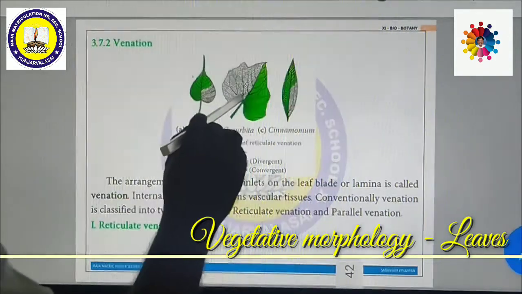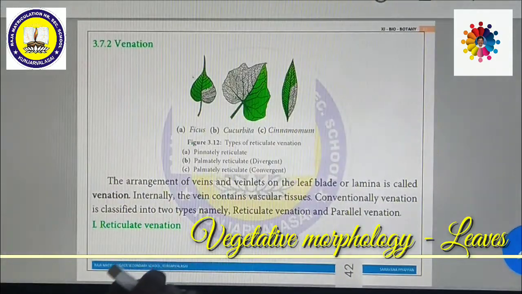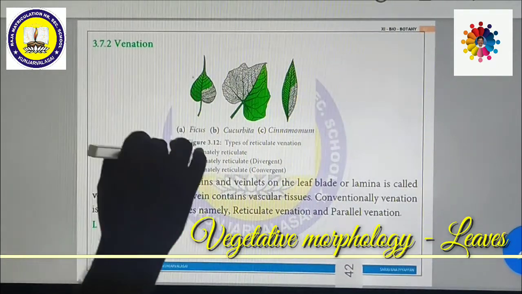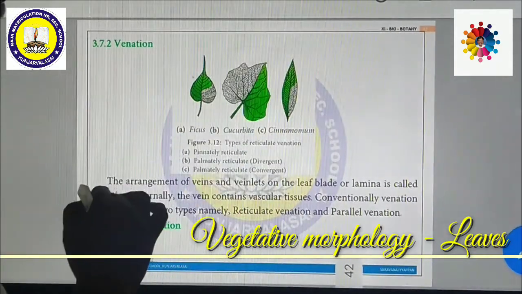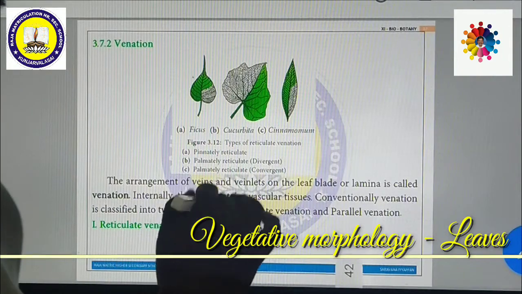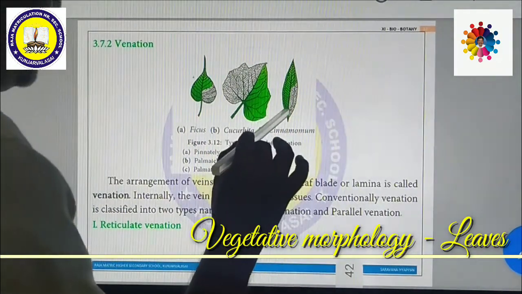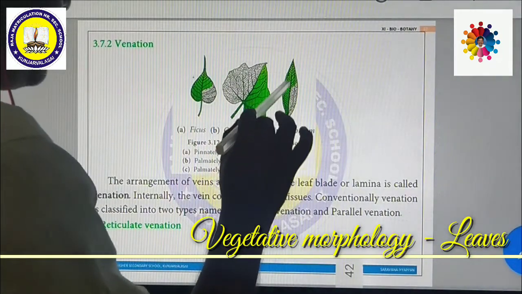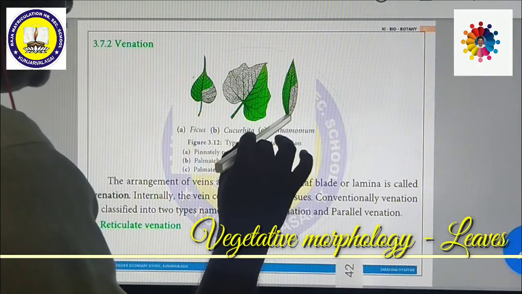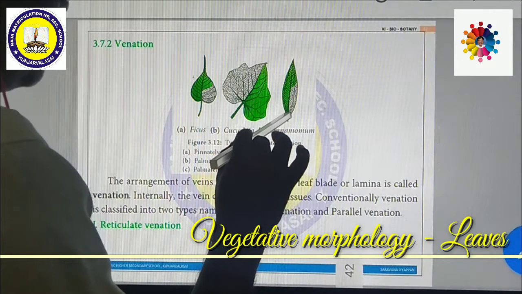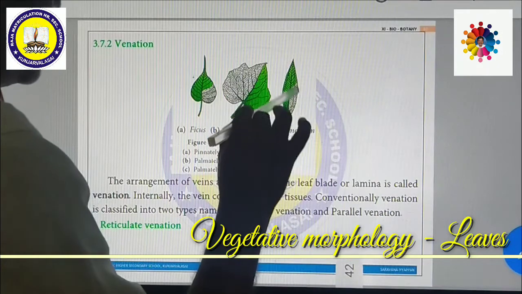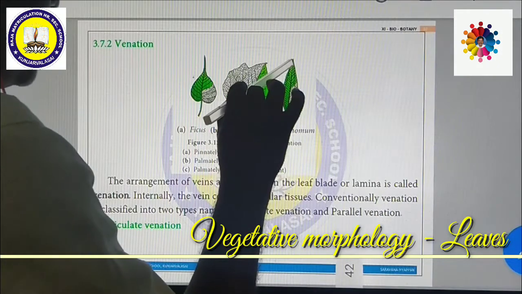The palmately reticulate venation is further classified into two types, namely divergent palmately reticulate venation and convergent palmately reticulate venation. What is the difference? Convergent means as many veins as are formed from the petiole converge and join at a point.